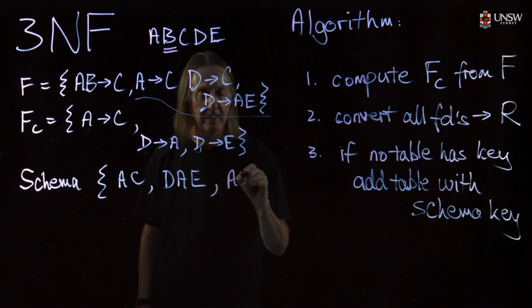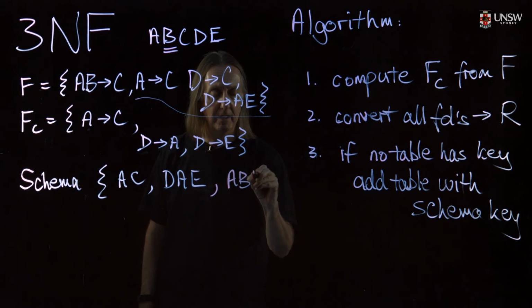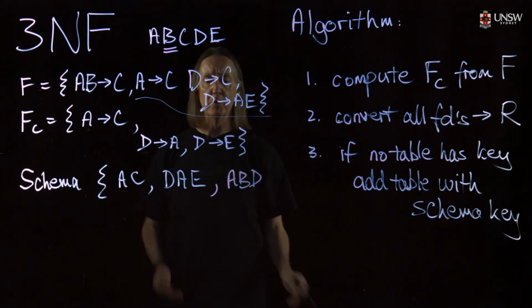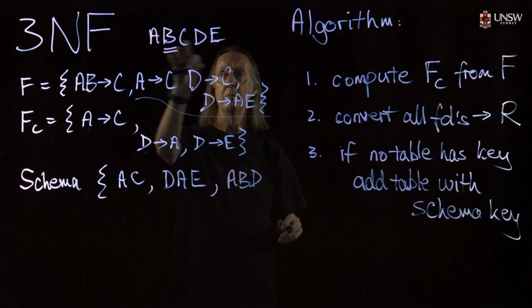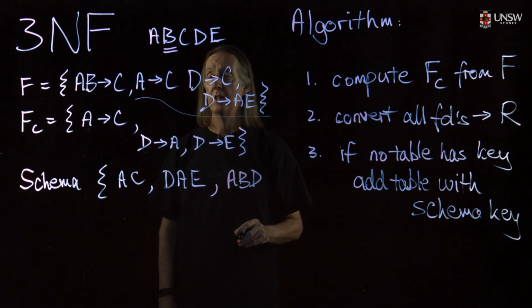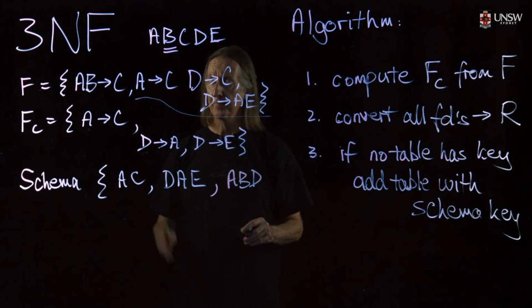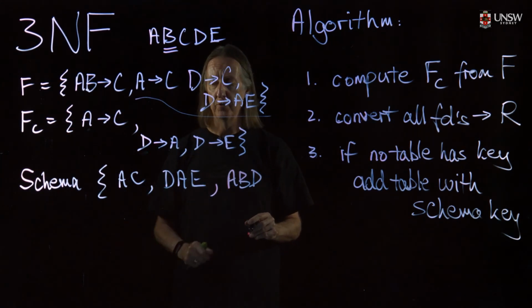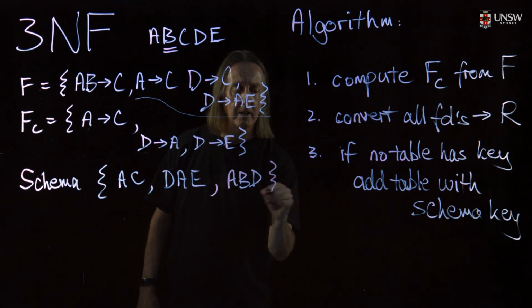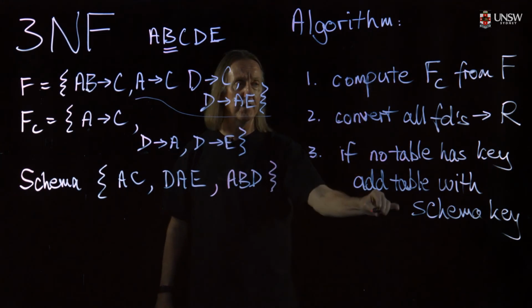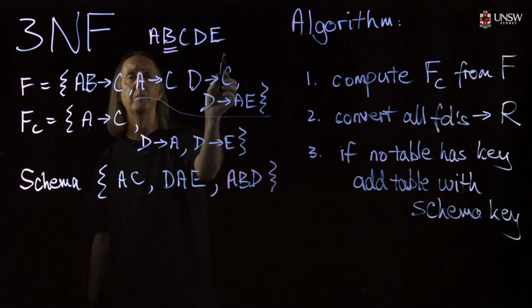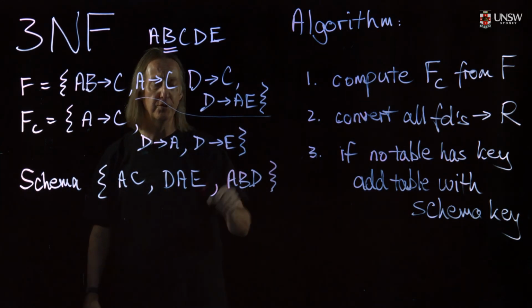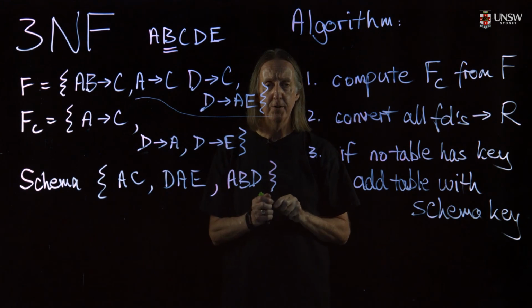So A, B, and D, if we add that as a table, then we've got a schema that incorporates all of the attributes from the original schema, and has the property that it's in third normal form. So that's how you could use this algorithm to start from this schema, this set of functional dependencies, and produce a final schema in third normal form.